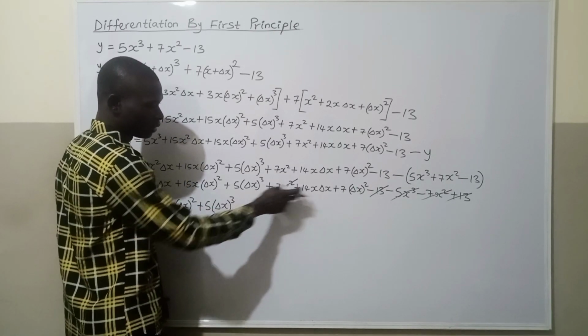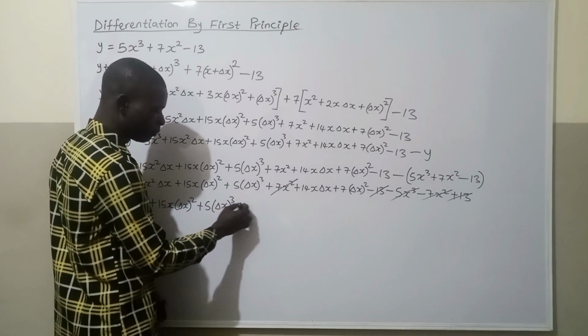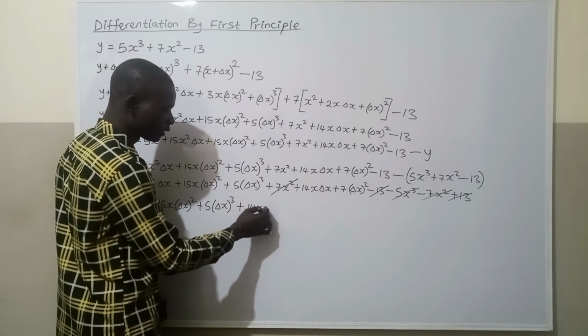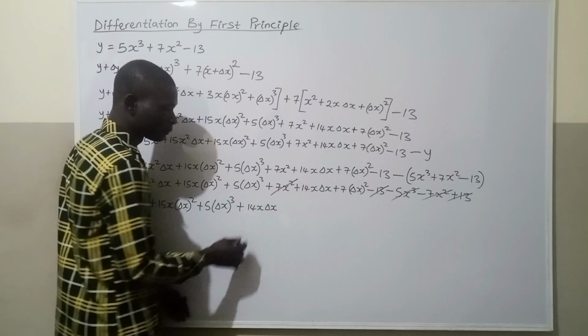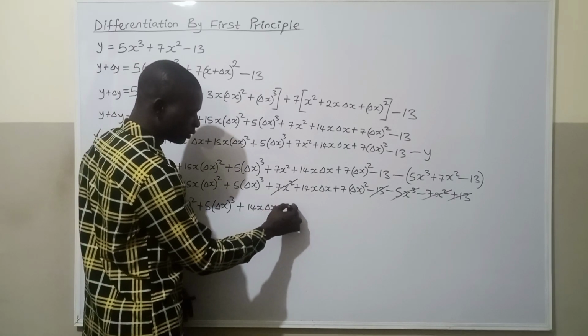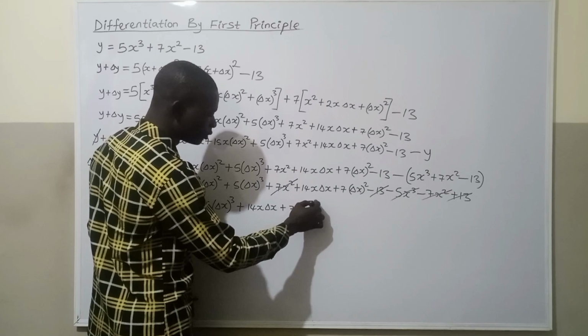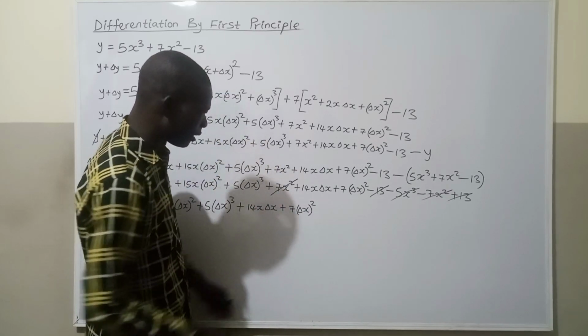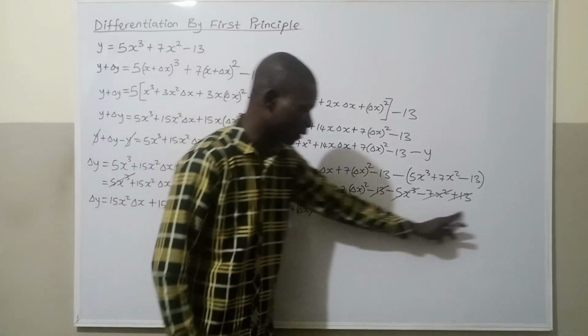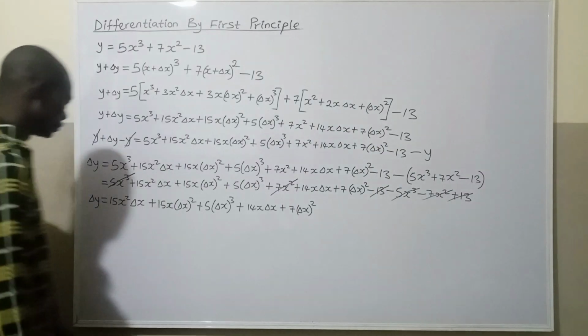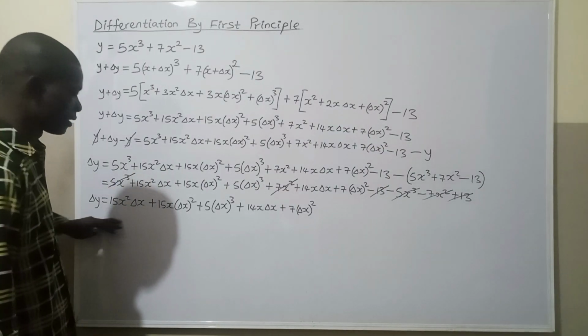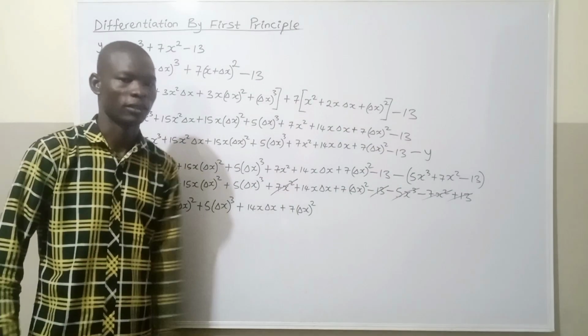The next one has been cancelled, I will jump to this. That's going to be plus 14x delta x, and then plus 7 delta x squared. Any other one after 7 delta x squared, every other thing afterwards, they have been cancelled out. So this is what we have as our delta y. Delta y has been simplified to this.